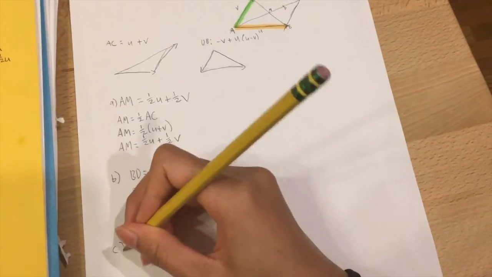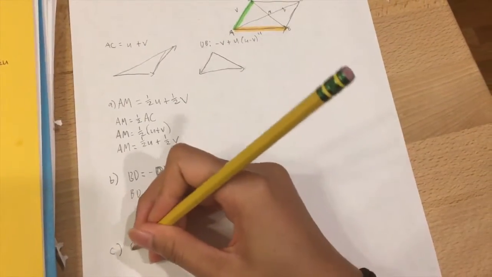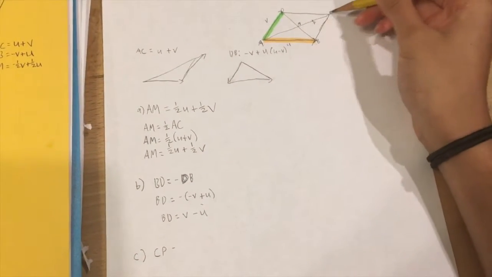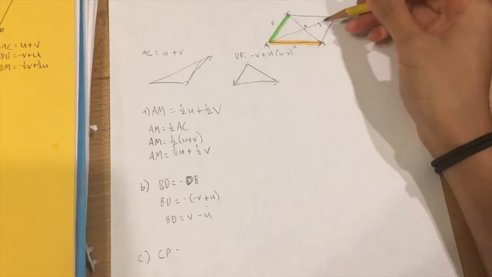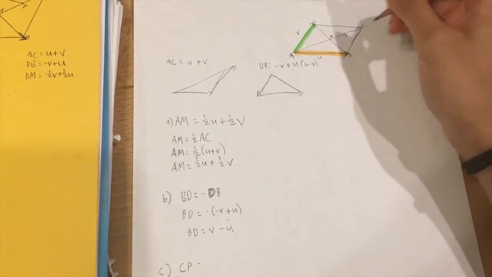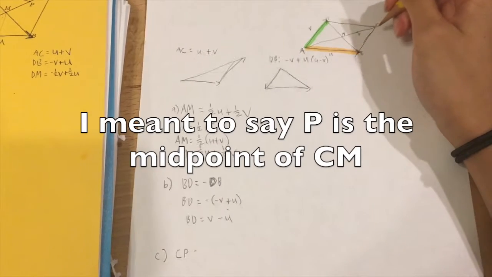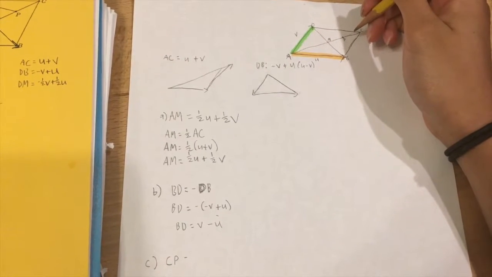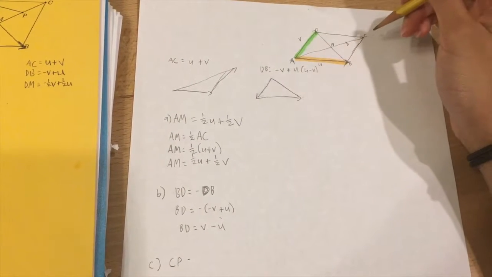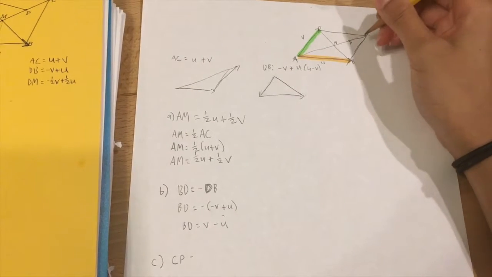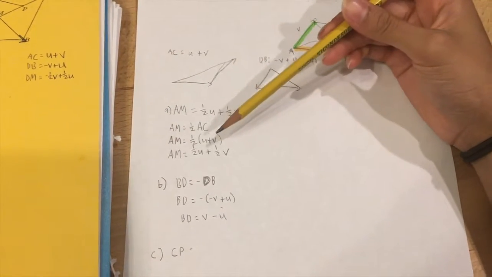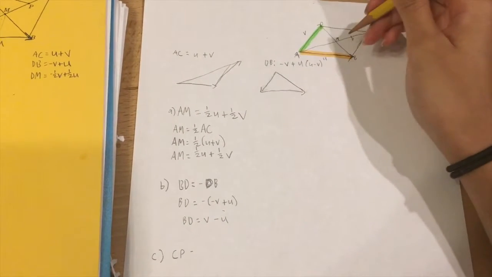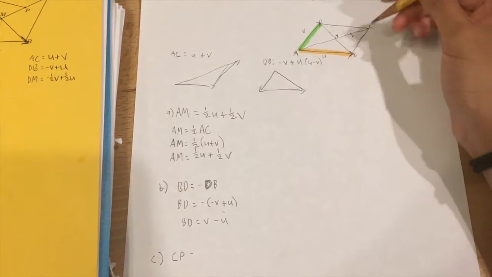For C, it's asking for CP, and CP is this little segment over here. We know that P is the midpoint of MC, so we can solve it in two ways, either as 1/4 negative AC or negative 1/2 of AM, because AM and CM are the same things.